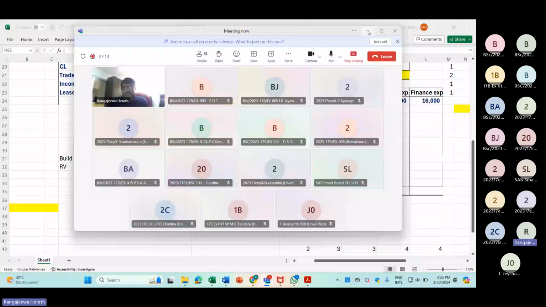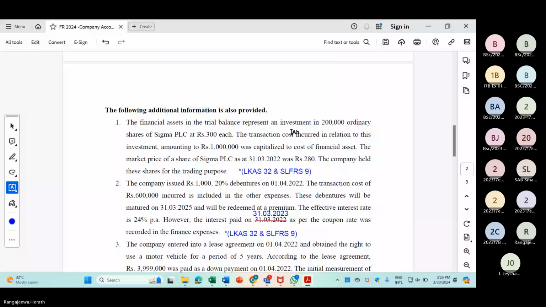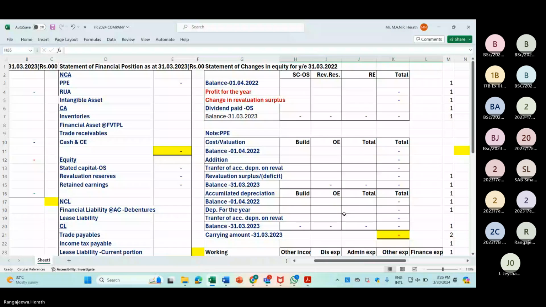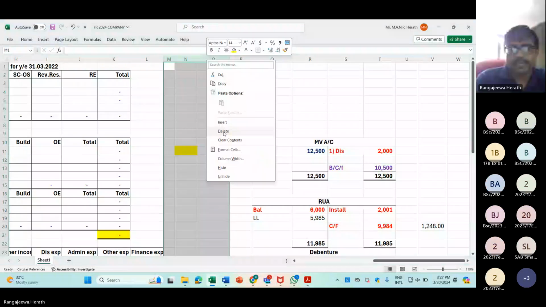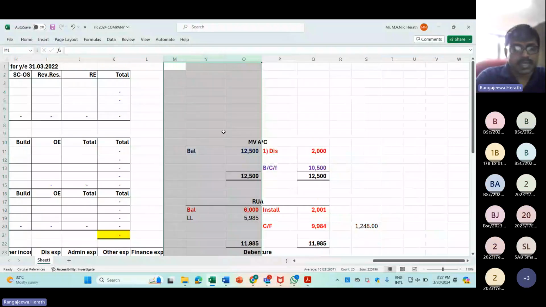So if we prepare the financial asset account here, right, I'll take this for financial asset.